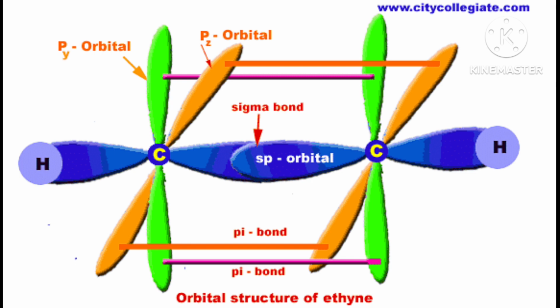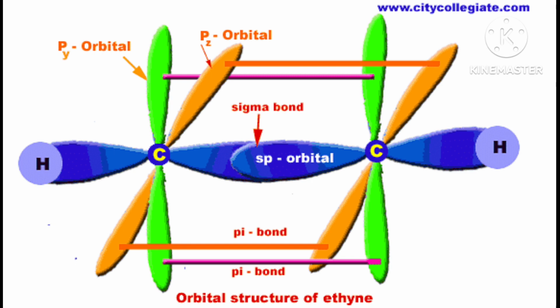Okay. I have already sent the structure in previous classes, and now again I will try to send it. Here are a few more things. The p orbitals of the carbon atoms undergo lateral or sidewise overlapping to form 2 pi bonds between the two carbon atoms.